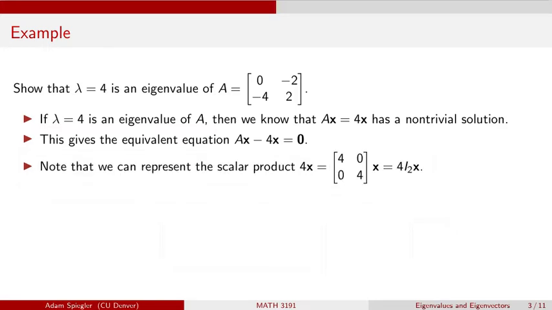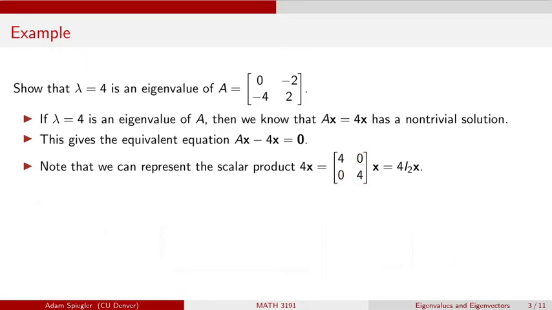Now we can represent this multiplication of vector x by the scalar 4. This would be equivalent to multiplying vector x by a 2 by 2 matrix with 4s on the diagonal and 0s along the off diagonal.